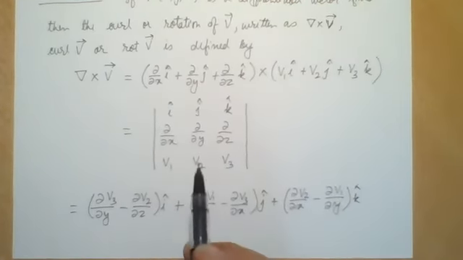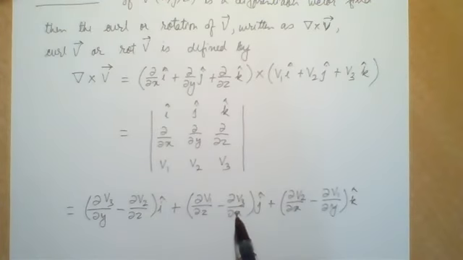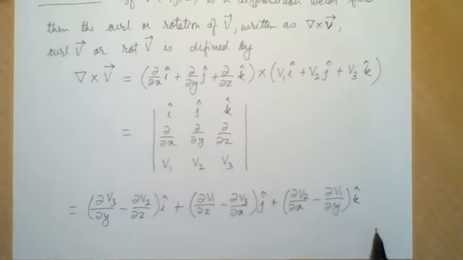So when we expand this determinant, we get this expression. You must remember that in the expansion of this determinant, the operators ∂/∂x, ∂/∂y, ∂/∂z must precede v1, v2, v3. So this is the definition of curl.